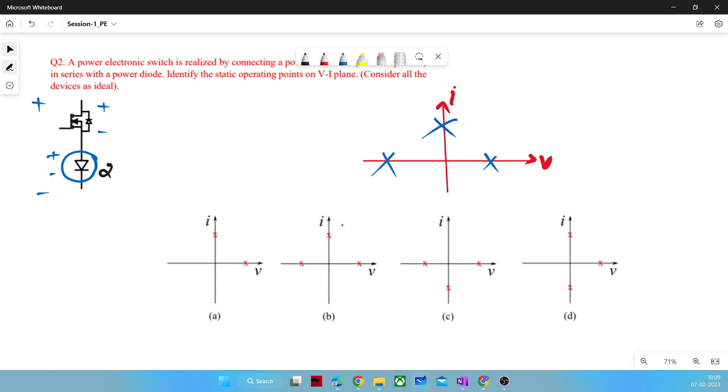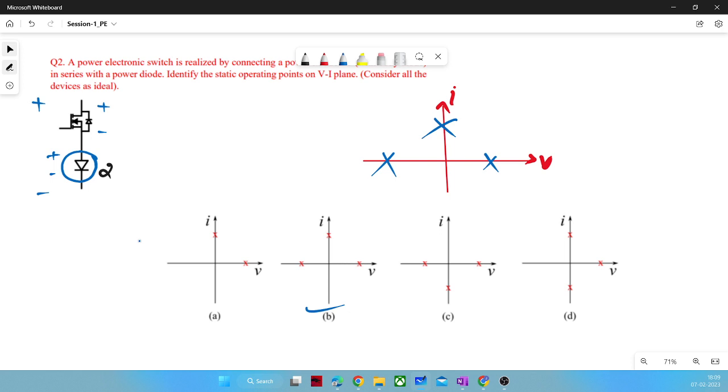Can anybody tell me which will be the correct option? Option B. Option B, correct. Perfect. So it will be option B. I hope it is clear.